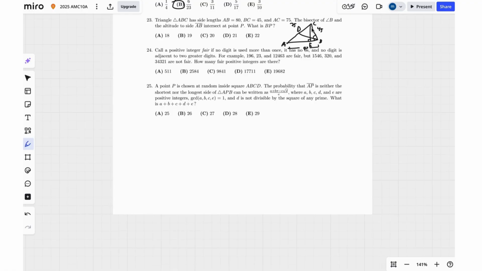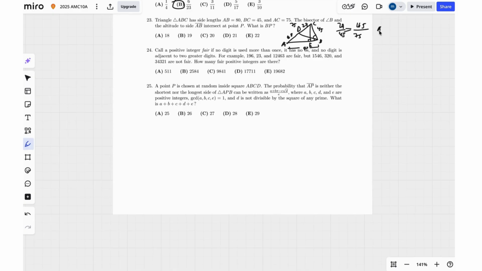So by the angle bisector, we can find that this is 27, and this is 48. And now we notice that 27 over 45 is equal to 45 over 75.